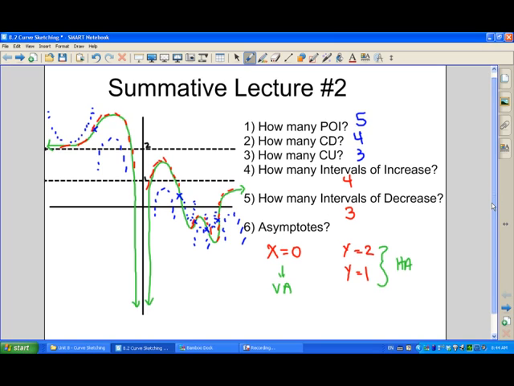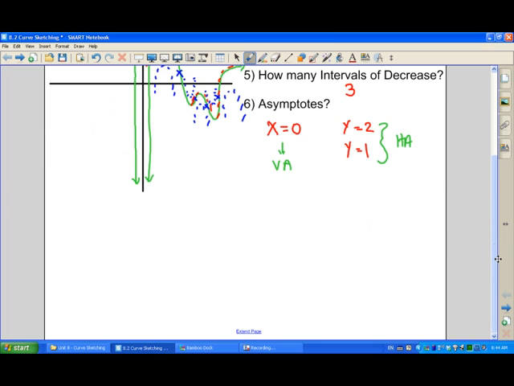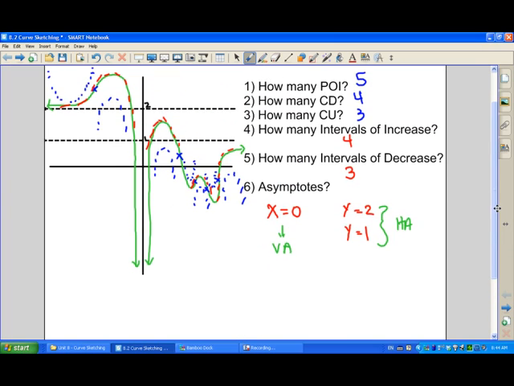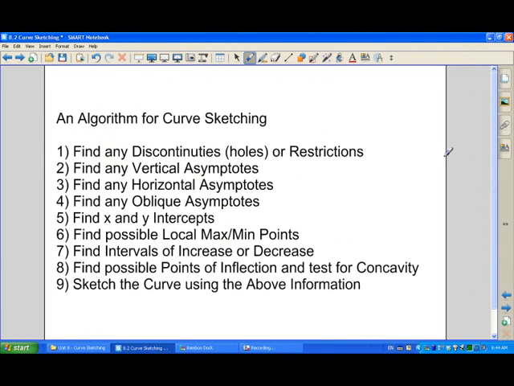So if I think about these 6 questions that I've asked you about this curve, we can use all of this information, all of these 6 questions to sketch a curve, accurately sketch a curve. And that's exactly what we're going to do. So our method, our algorithm for sketching a curve follows these 9 steps.